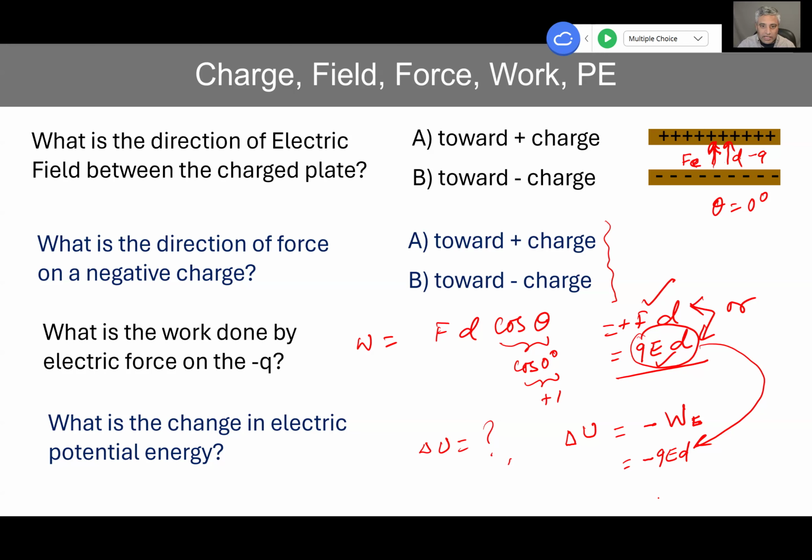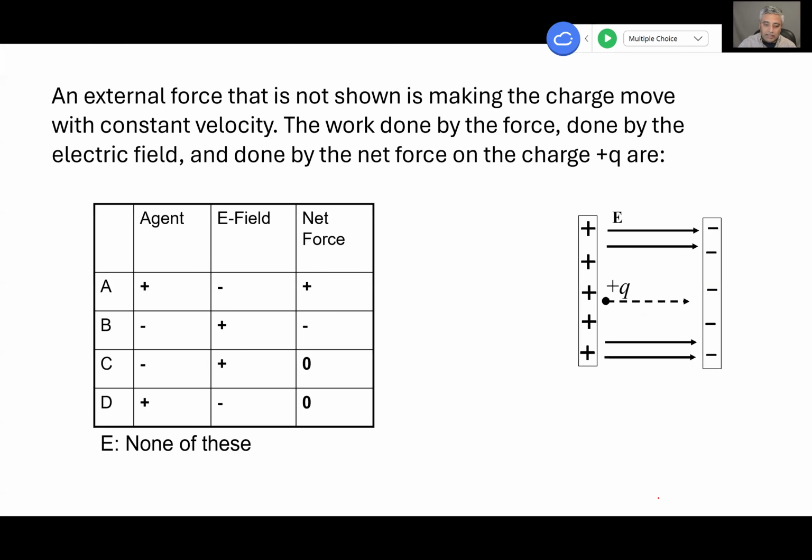Okay, now your turn. There are quite a few. So agent or external force or applied force, okay? It's like saying applied. And field force, and this is net force, okay? The situation is shown something like this.